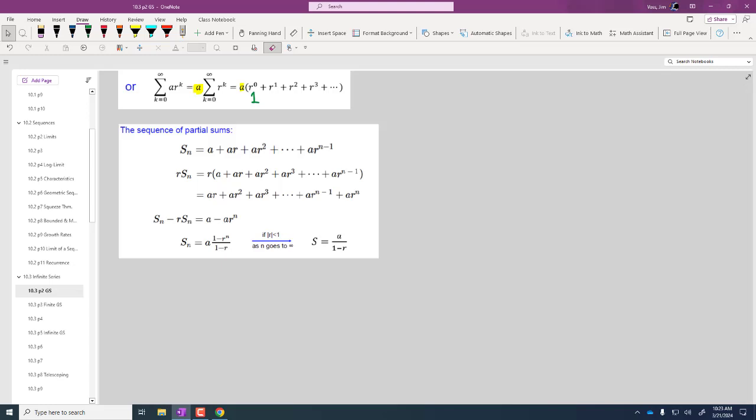So S sub n is the sum of the first n terms. When the series starts at 0, the indices will not align. S sub 1 is a sub 0, right?